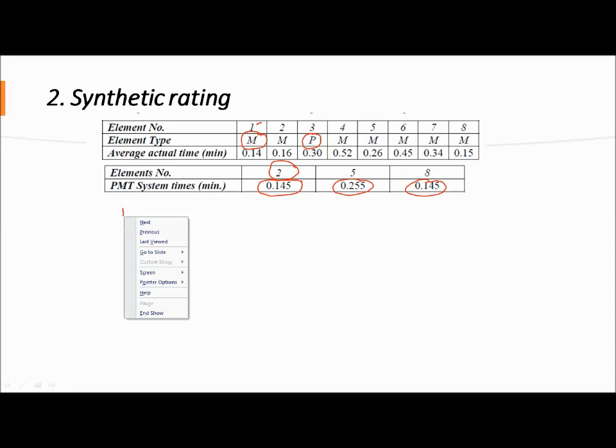The rating is the ratio of the PMTS value divided by the actual value. For element number 2, R2 can be written as 0.145 divided by the actual value. What is the actual value of element 2?